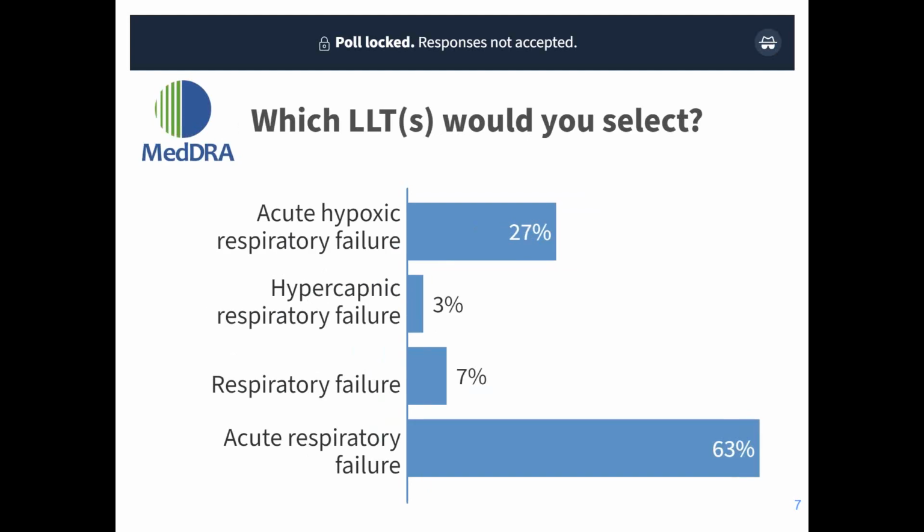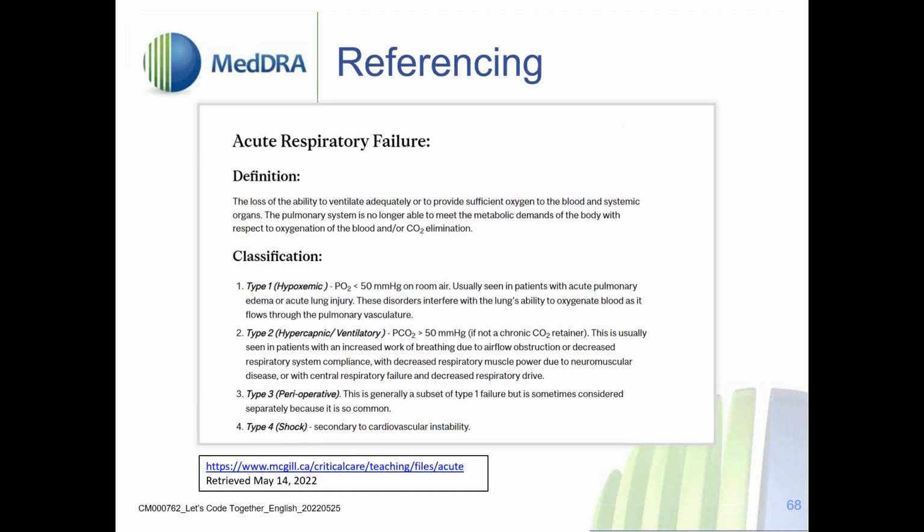Let me close the poll and show you some definitions here from the website of the Critical Care Medicine at McGill University in Montreal. We see that acute respiratory failures can be classified as follows. There is a type 1 respiratory failure, the hypoxemic failure, a clinical picture that can usually be seen in patients with acute lung edema or acute lung injury.